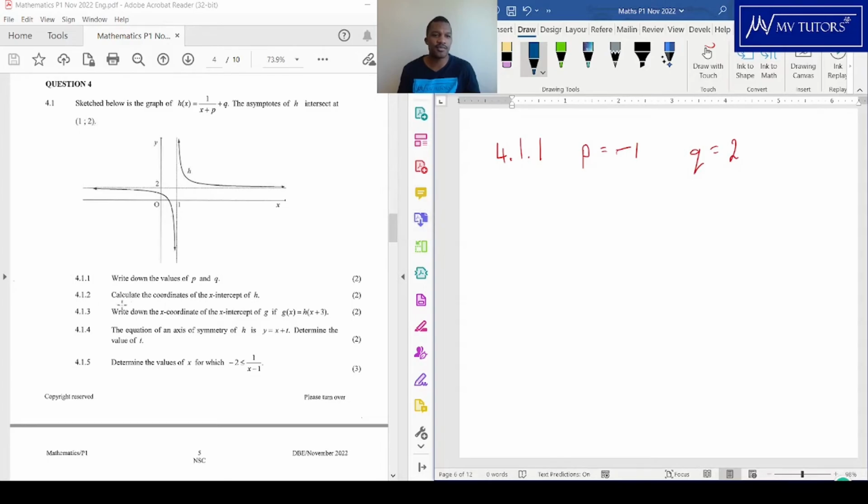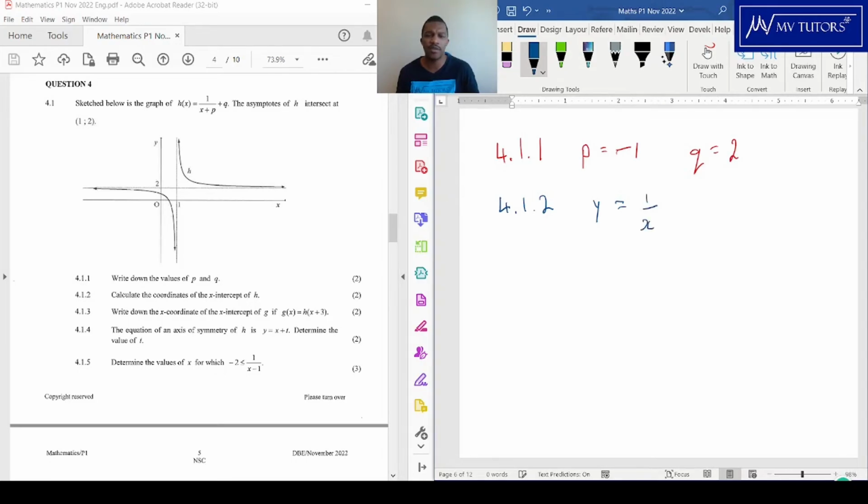Let's look at the next question now. It says calculate the coordinates of the x-intercept of h. So they just want the x-intercept, and every time we solve for an x-intercept, it doesn't matter what equation it is, you always say let y equals 0. Okay, so I'm just going to rewrite that equation.